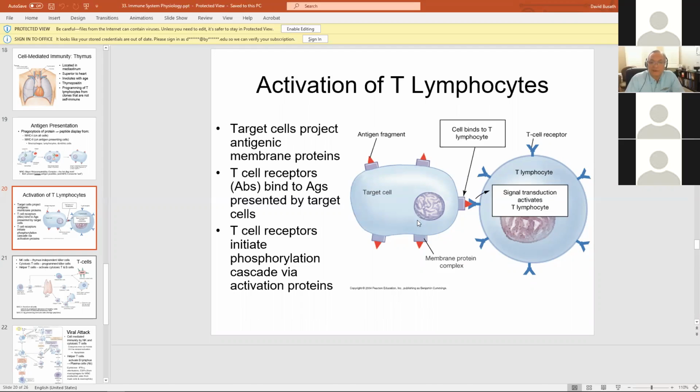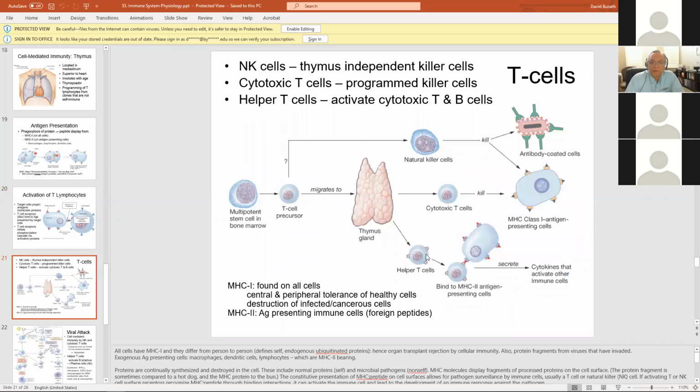Stimulate helper T cells. These antigen-presenting cells stimulate helper T cells to secrete cytokines that activate other immune cells. And that will come back up in just a moment. So this is what I was thinking of as I wrote that question.